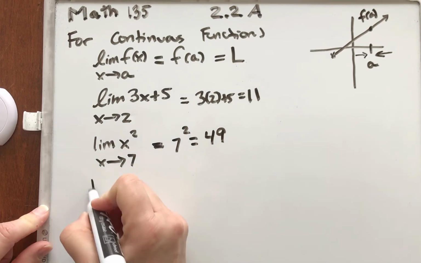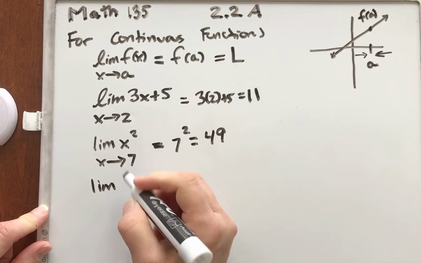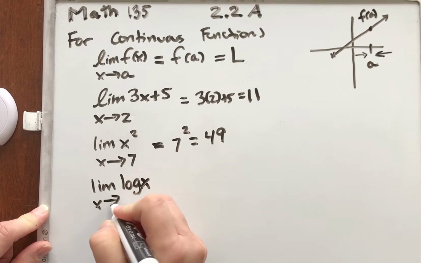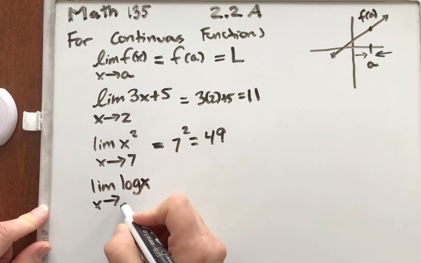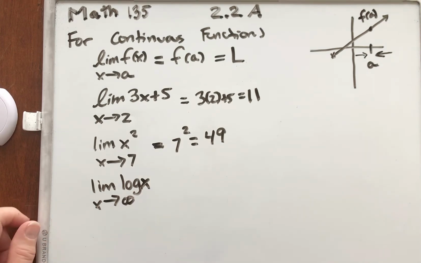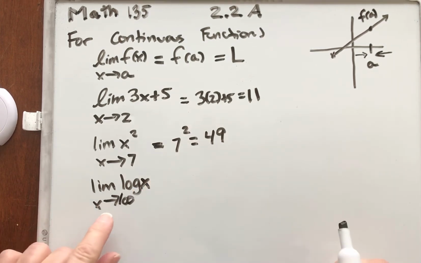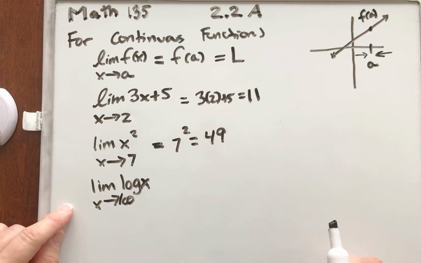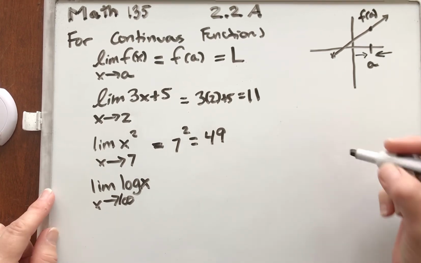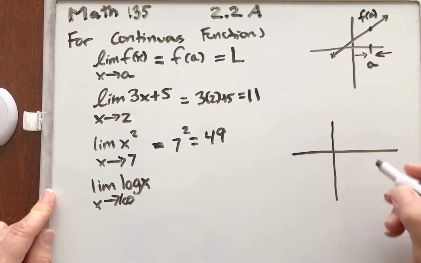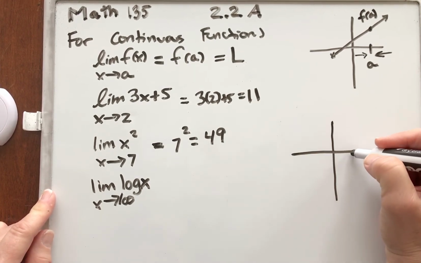Let's look at one more. The limit of log of x as x approaches infinity. Oh, not infinity. I meant to say 100. The limit of log of x as x approaches 100. Let's look at the log function. We know log of 10 equals 1.